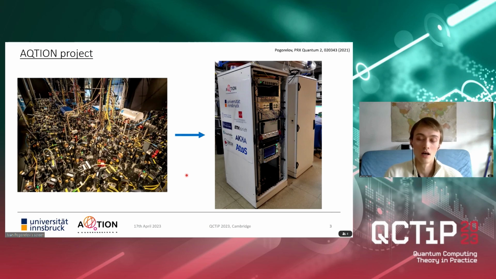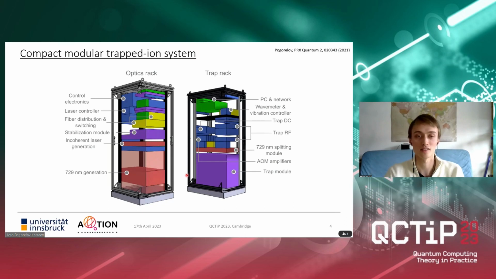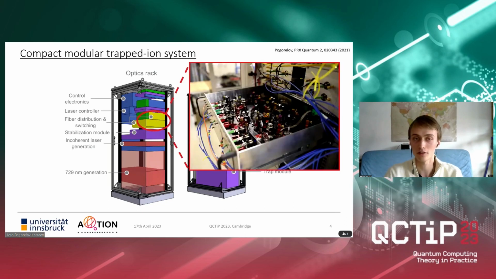As I said, I won't be going too much into details how the setup works exactly, but I want to show you some photos of the setup so you have a feeling of what this experiment is about. So, for example, here you can see an example of our compactness.